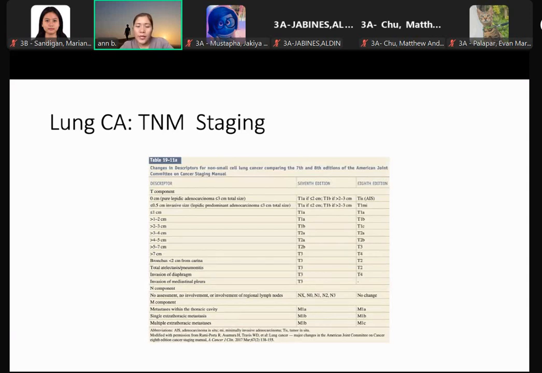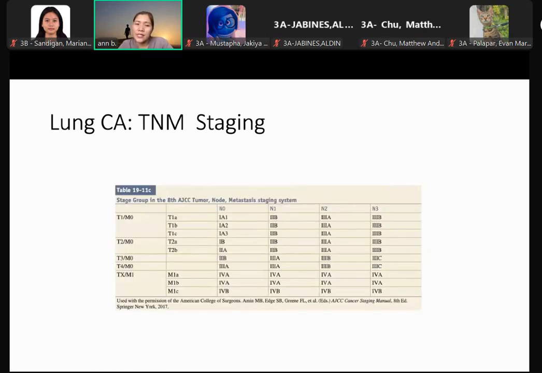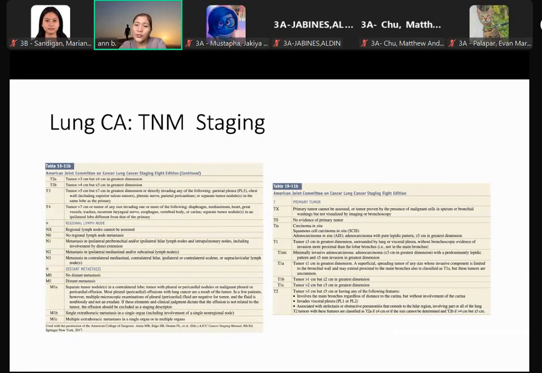I want you to know that T and M staging, because that is important when we offer neoadjuvant surgical and adjuvant chemotherapy for this patient. So these are the usual stage groups in the 8th edition of the TNM staging. This is just nice to know, but this table you should know.